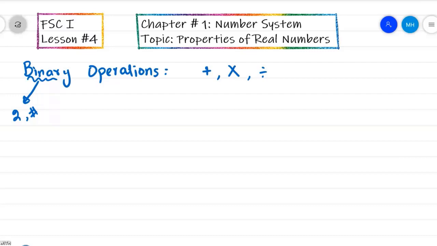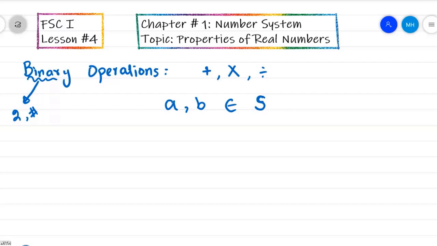Specifically, you have to take any 2 numbers from a specific set. I am going to represent the set as S. This symbol shows that A and B belong to the set S. A and B are 2 random numbers.